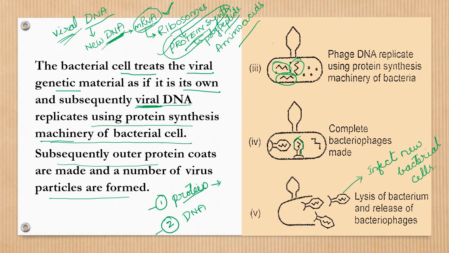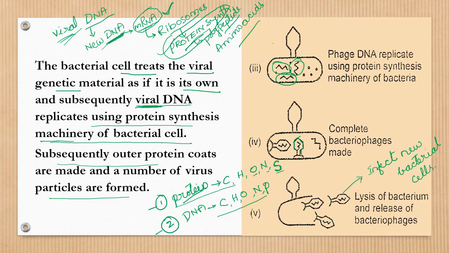Let's know the chemical composition of protein and DNA. Protein consists of carbon, hydrogen, oxygen, nitrogen, and sulfur elements. Remember, carbon, hydrogen, oxygen, nitrogen, sulfur. And DNA consists of carbon, hydrogen, oxygen, nitrogen, and phosphorus elements. Remember this.